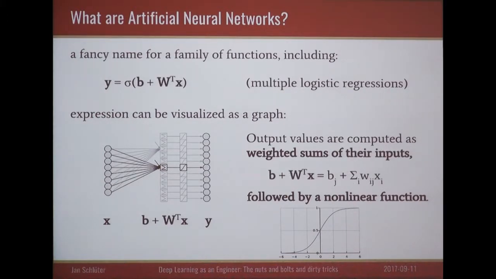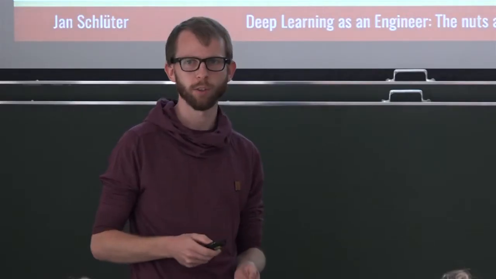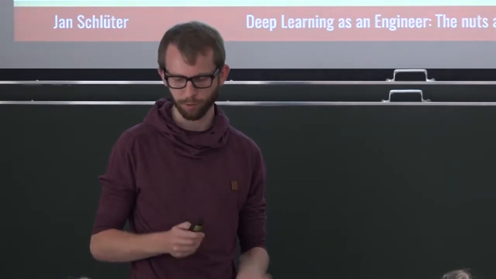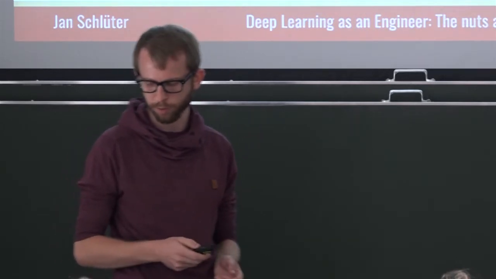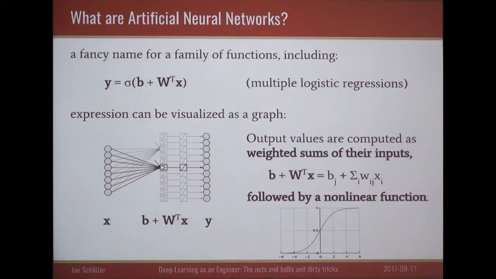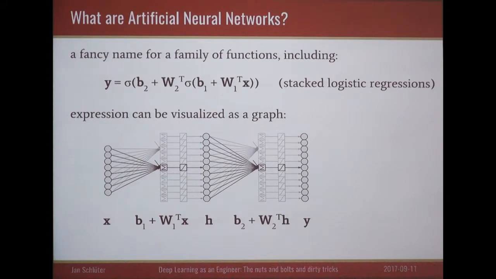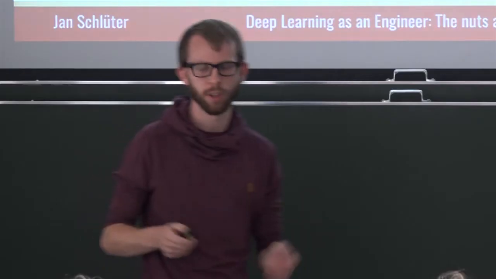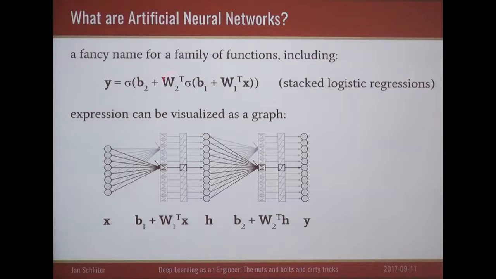Then we can have multiple of these weighted sums and nonlinearities. So we get a mapping from a vector to a vector space of arbitrary dimensionality. And we can also stack this. We can take the output here and put another matrix multiplication and another offset and another nonlinearity.